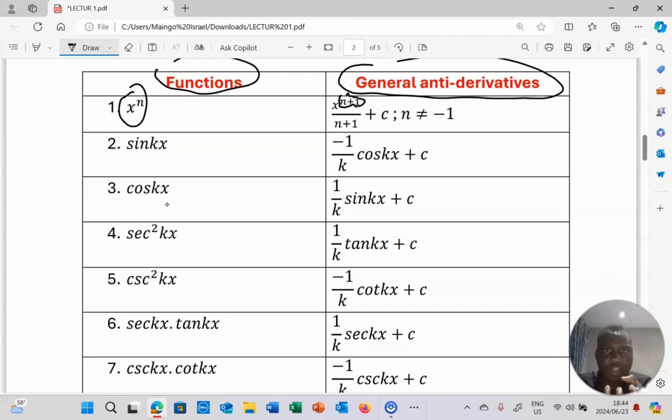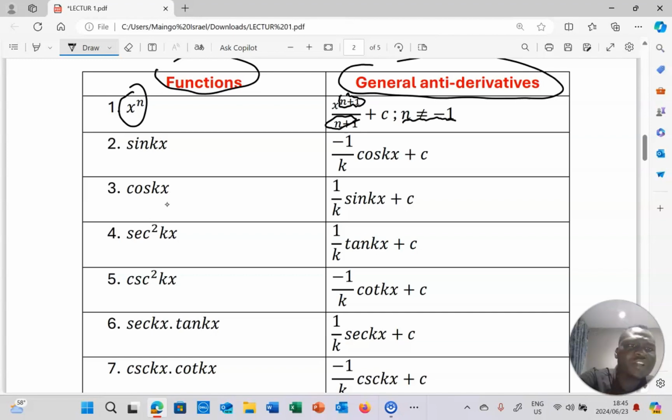That means in the exponent we add 1 and we divide by that exponent, which is n plus 1. But this is provided that n is not equal to minus 1, because if n is minus 1, then in the denominator we will have minus 1 plus 1, which is 0, which is a taboo in mathematics. So that's how we find the general antiderivative of a simple function x to the power n.